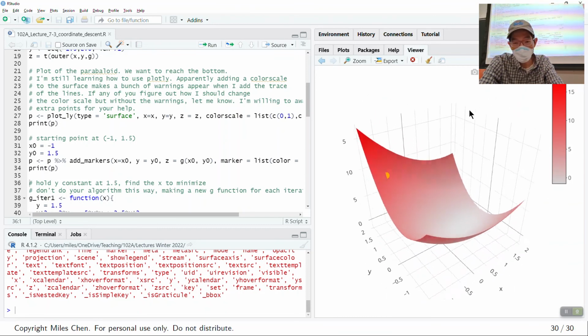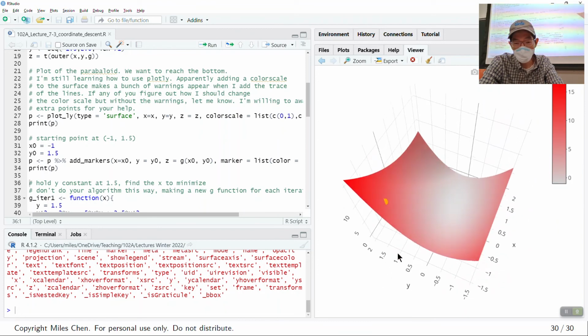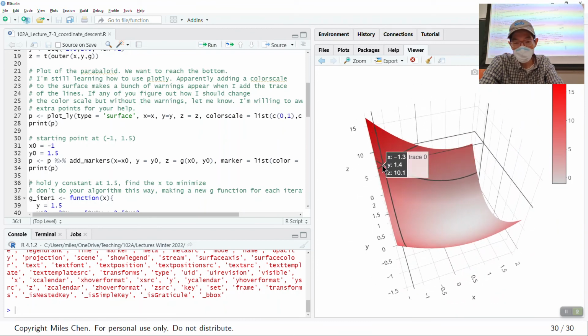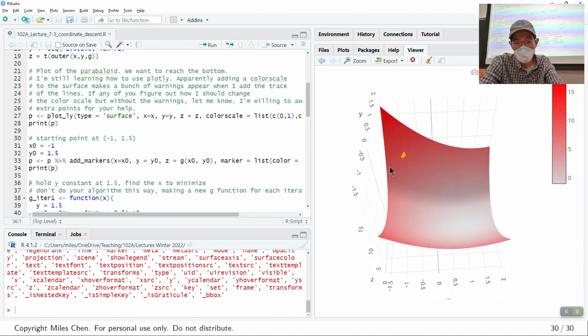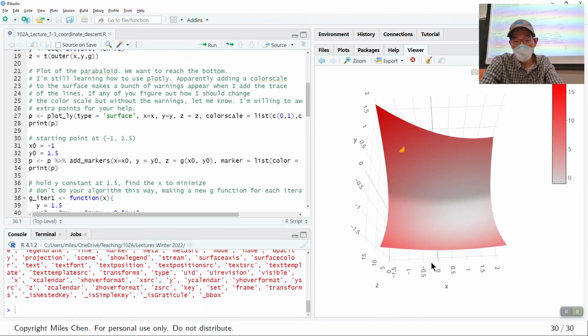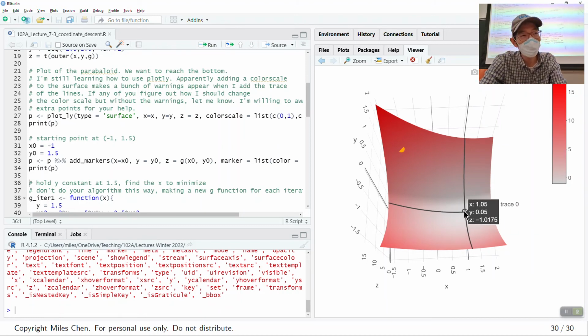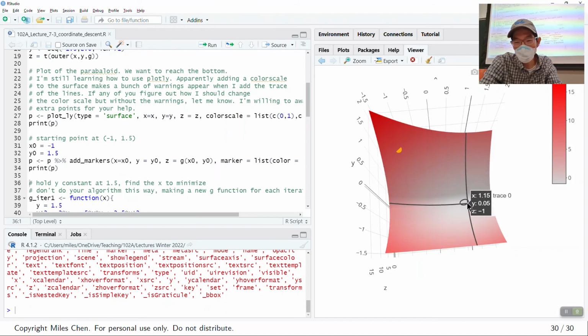It's like a little ball that is partly covered up by the surface. So this is going to be our starting location. And what we want to do is find the global minimum, which is apparently at 40 over 39, and what was the other one? 4 over 39, something like that. So we want to find this location, which is the bottom of this bowl.